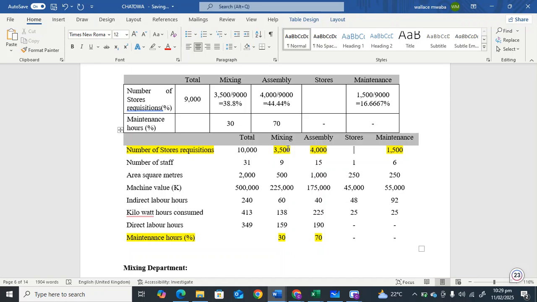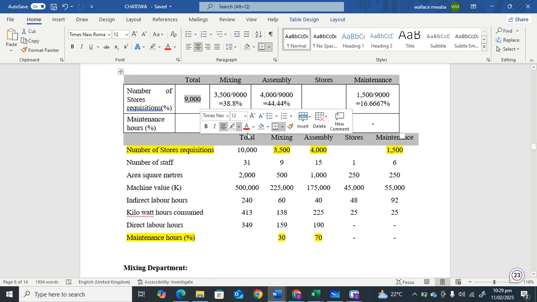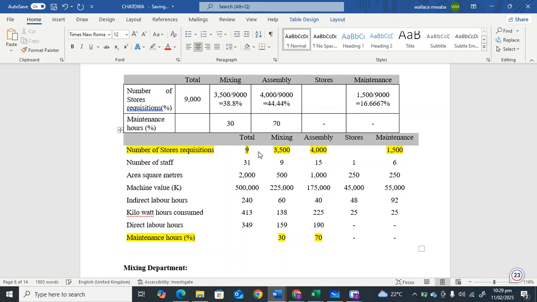So the same way we were apportioning earlier on is the same way we're going to be apportioning now. Stores, the basis of apportionment that we're going to use, number of store requisitions. What is the total number of store requisitions? You're going to say 3,500 plus 4,000 plus 1,500. You get a total of 9,000 store requisitions here.